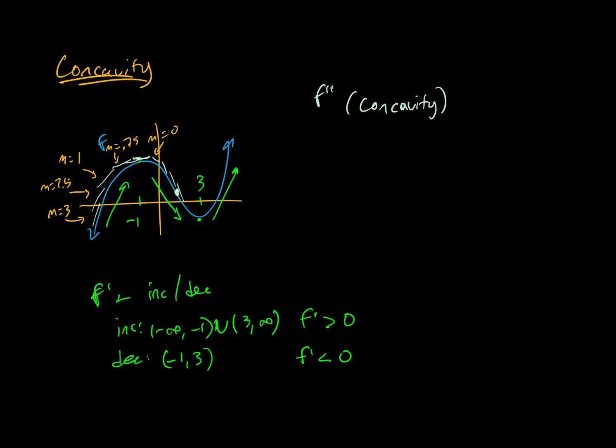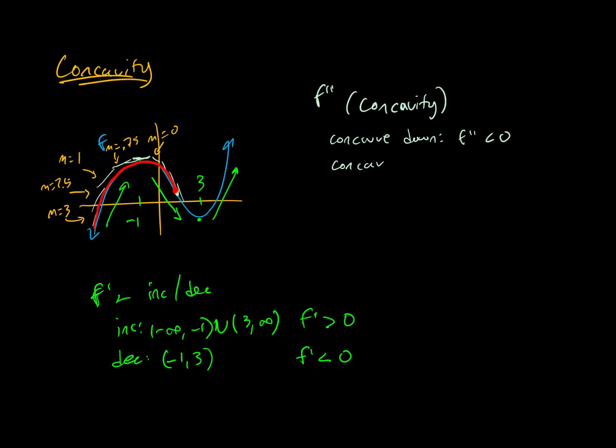What this tells me is that on this interval, from here all the way to about right there, the tangent lines are going down in their slopes. And what that says then is that the rate of change of the rate of change is negative. So if I'm concave down, that means that my second derivative is negative.